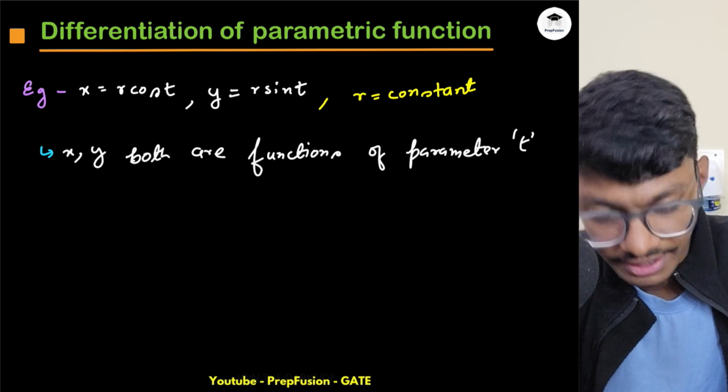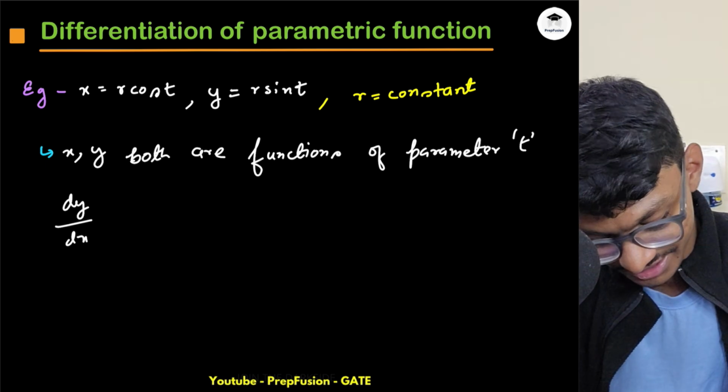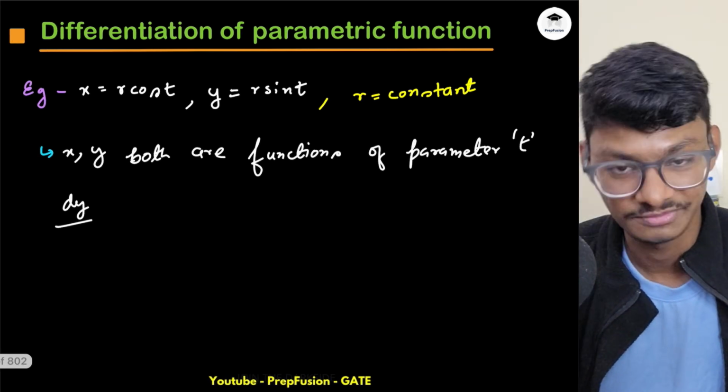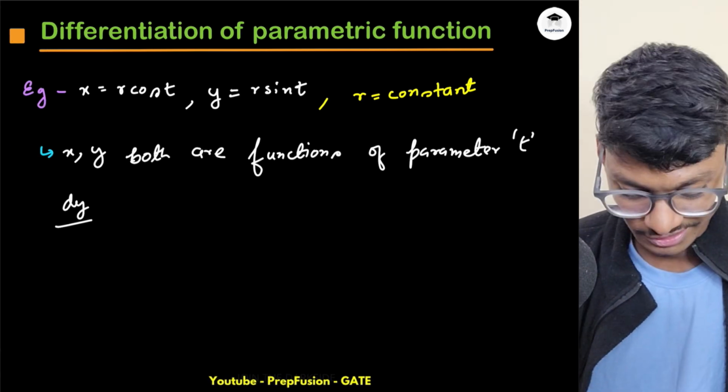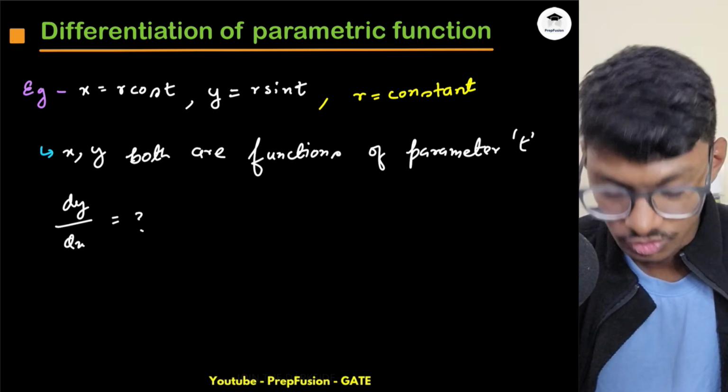But what am I interested in? I'm interested in dy upon dx because I'm in love with this. Sometimes we get obsessed with someone, right? So that is exactly what is happening. I'm obsessed with dy upon dx. So how to find that?